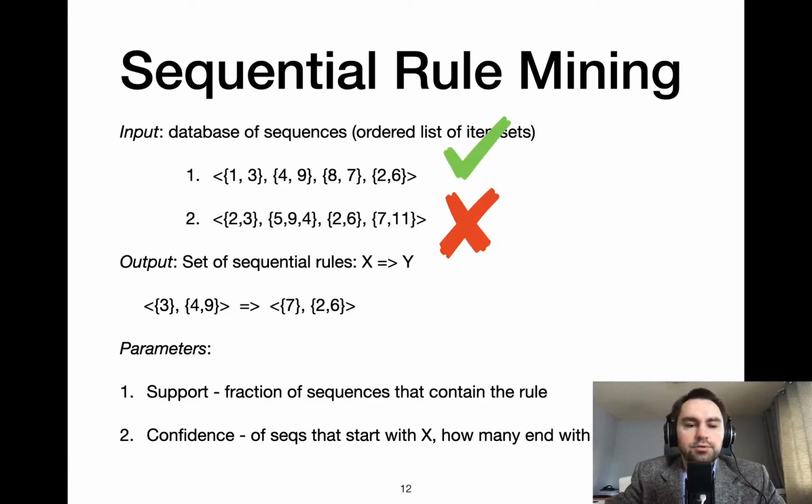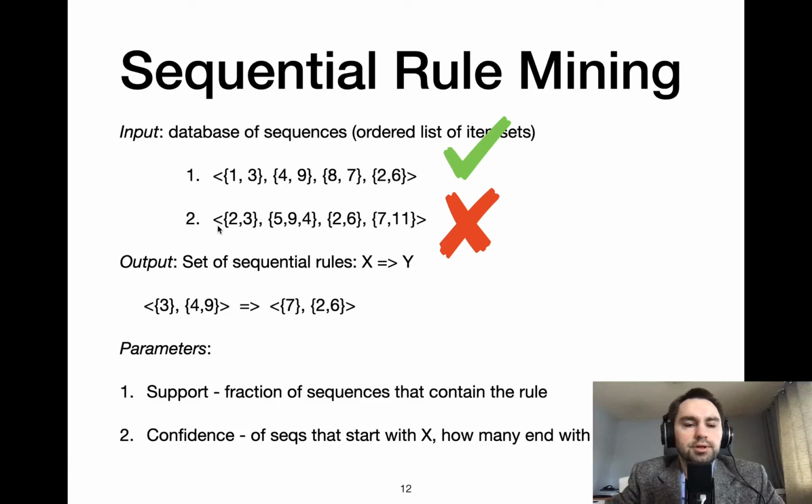For example, this rule, 3, 4, 9 goes to 7, 2, 6, is contained within the first sequence. Here is the 3, here is the 4, 9 in another itemset, and it goes to 7 followed by 2, 6.